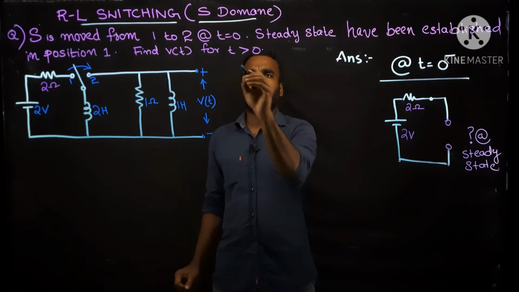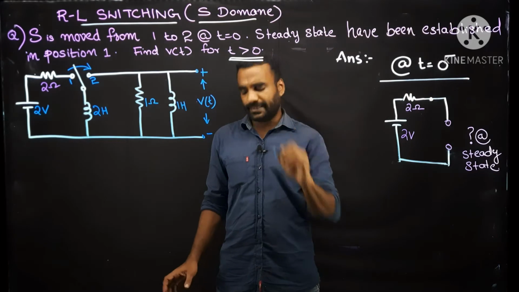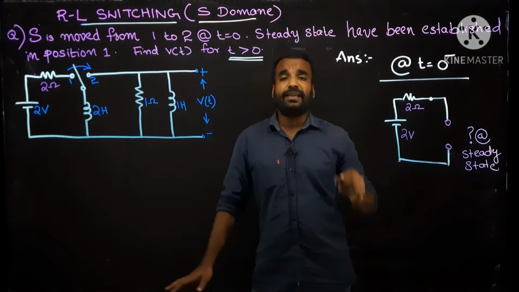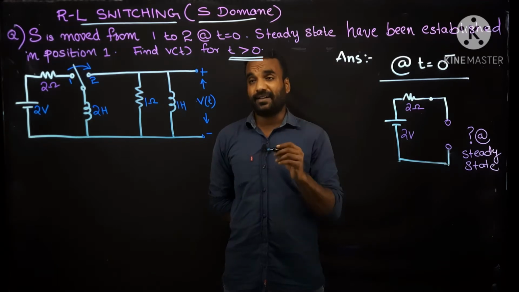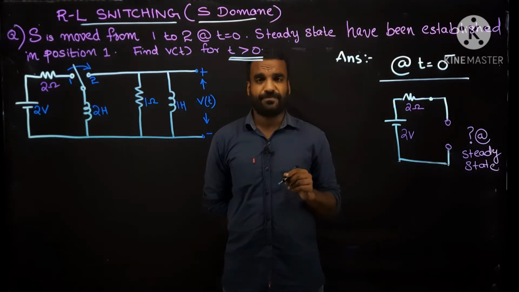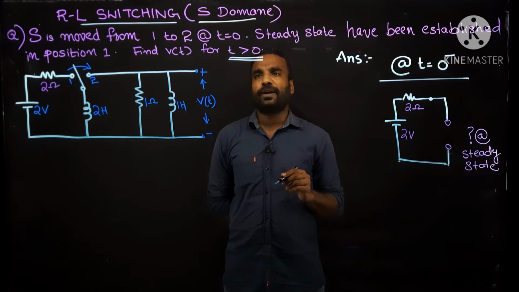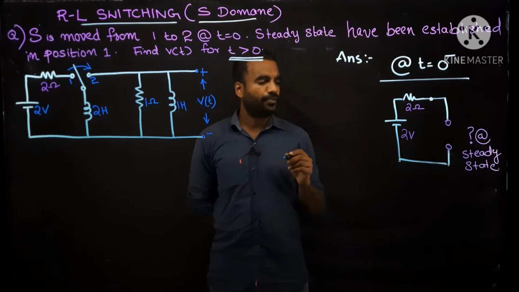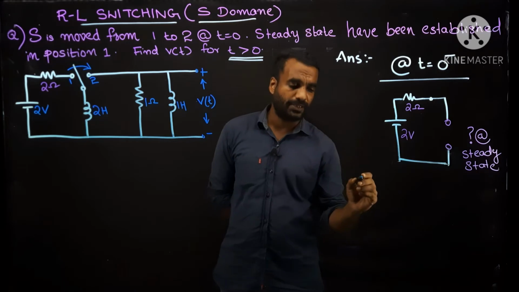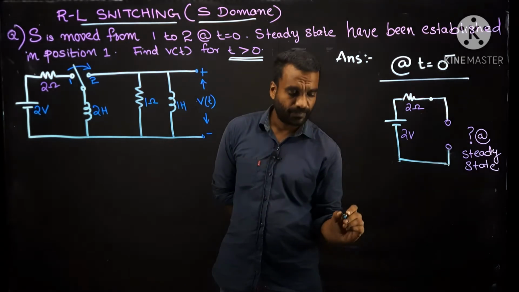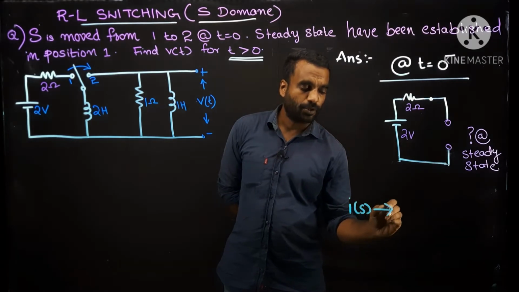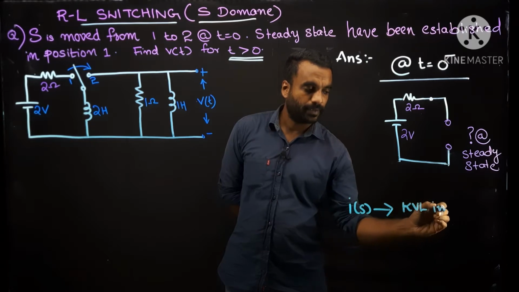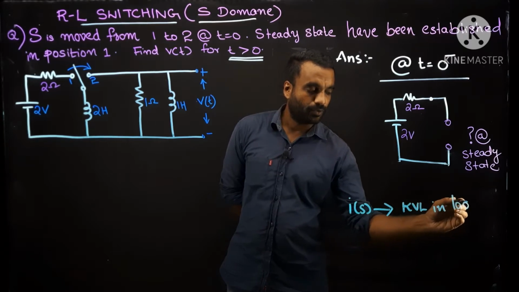Today's problem asks us to find voltage. In the last question you were asked to find current, but today it is voltage. How can you find voltage? Before that, you should have a basic knowledge that for problems with current I of S, you normally apply KVL in loops.